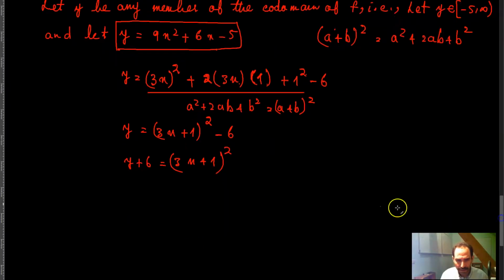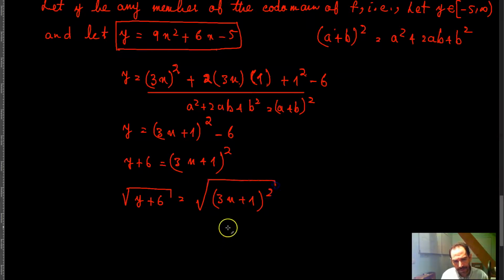Now if I take the square root of both sides of this equation, what I will get is the square root of (3x plus 1) whole squared. Since x is a non-negative real number, then 3x plus 1 is also a non-negative real number, it's a positive number. So then the square root of (3x plus 1) whole squared becomes simply 3x plus 1.